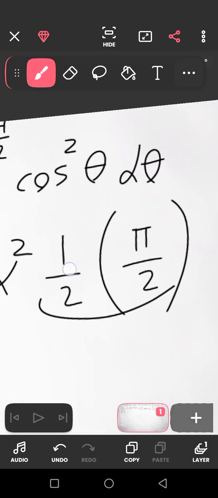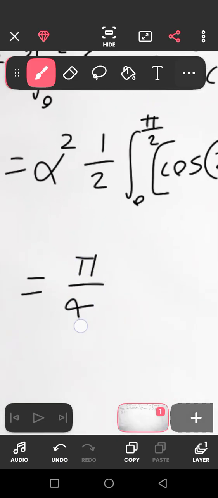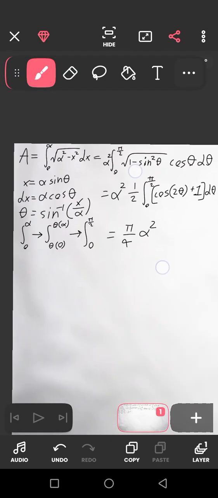Multiply those fractions together to get pi over 4, so pi over 4 a squared.